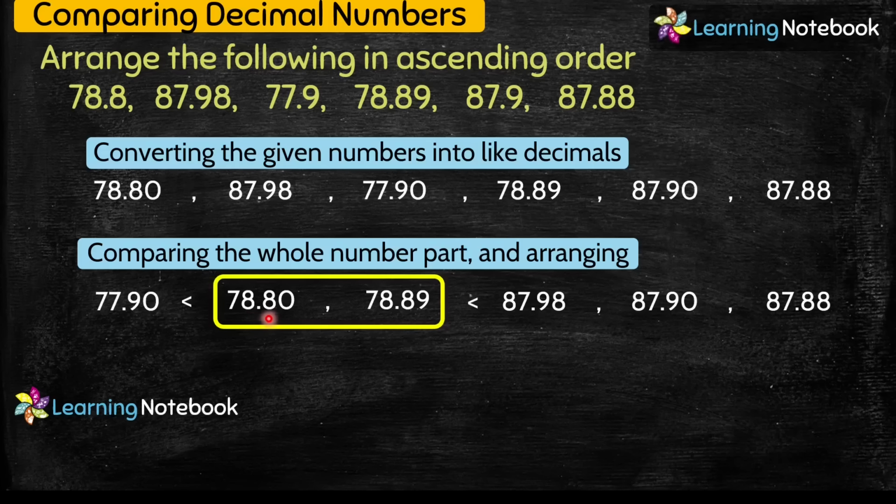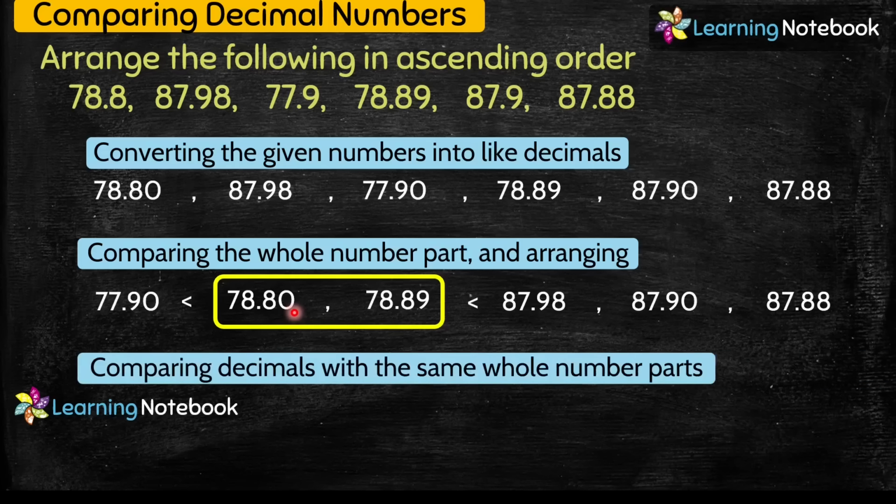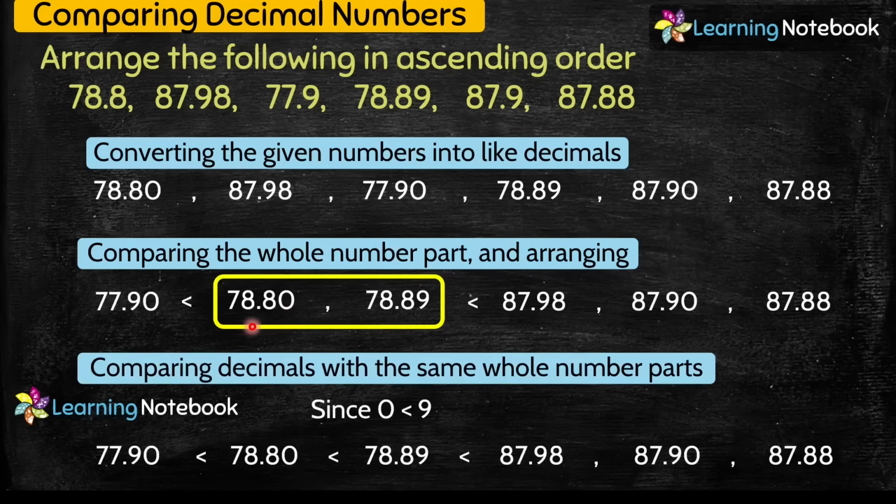To compare them, first we will compare their 10th digit, but their 10th digits are same. So let's compare their 100th digit. Since 0 is less than 9, so it means 78.80 is less than 78.89.